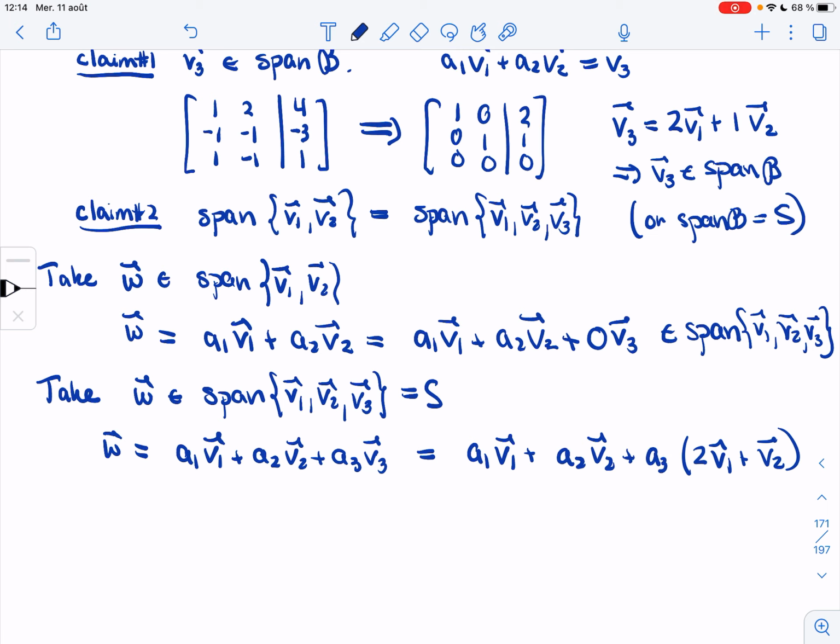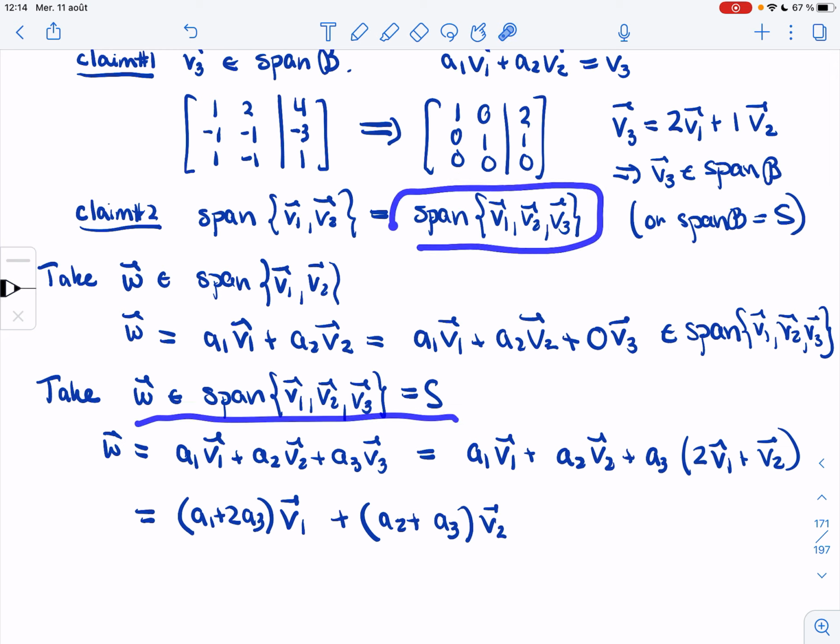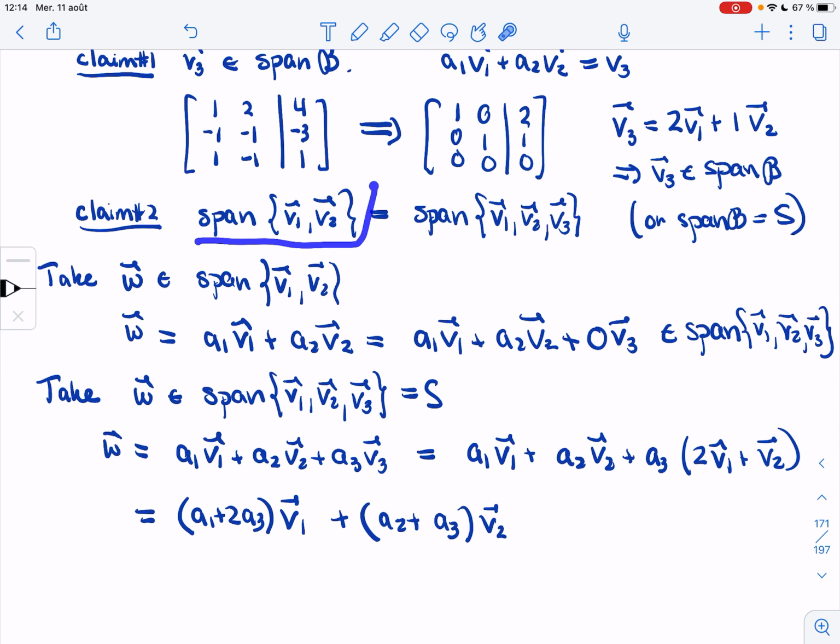All right, so if I just use algebra here, I'm going to get something times V1. If I put all the V1s together, I get A1 plus 2 A3. And if I put all the V2s together, I'm going to get A2 plus A3. I've written this arbitrary element of S as a linear combination of V1, V2.